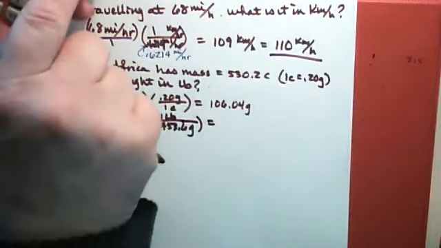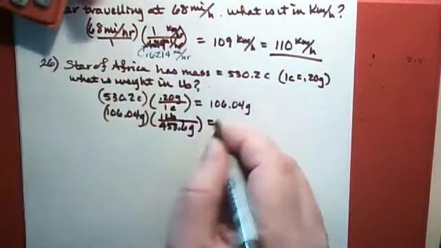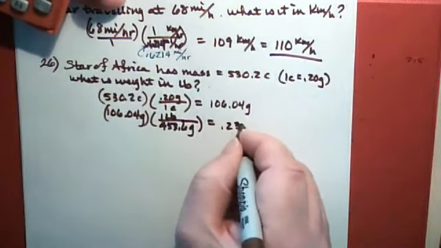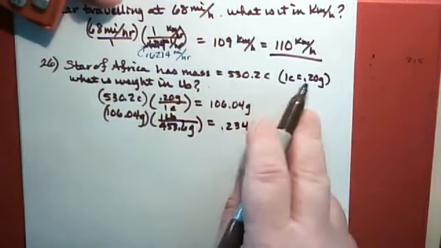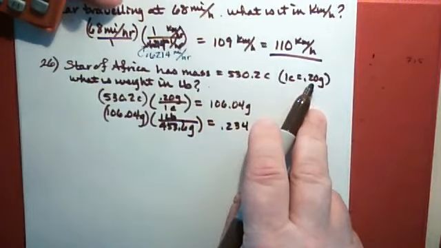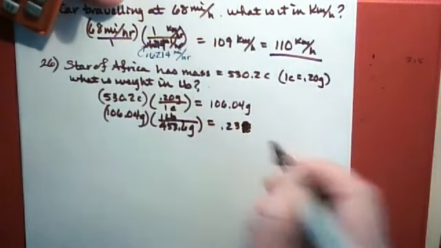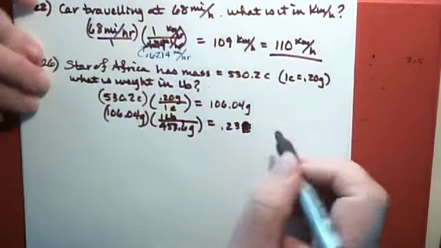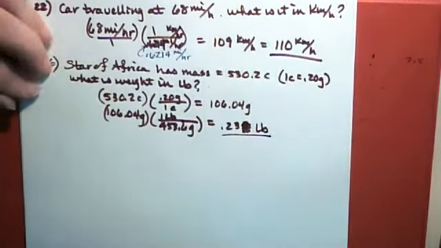Okay, so that number divided by 453.6 is 0.234. Oops, we've only got two significant figures there. So I guess 0.23 is about as far as we can go on that. That would be 0.23 pounds.